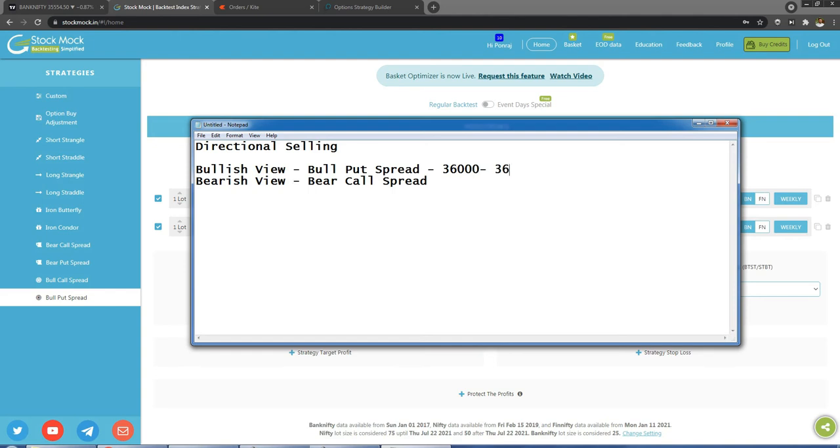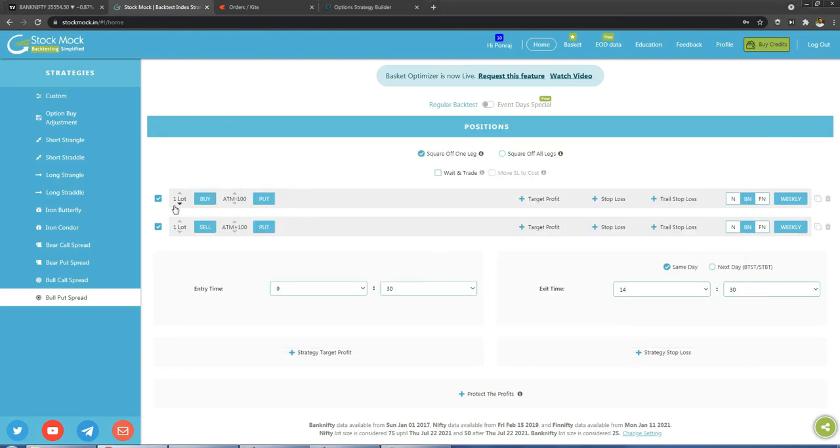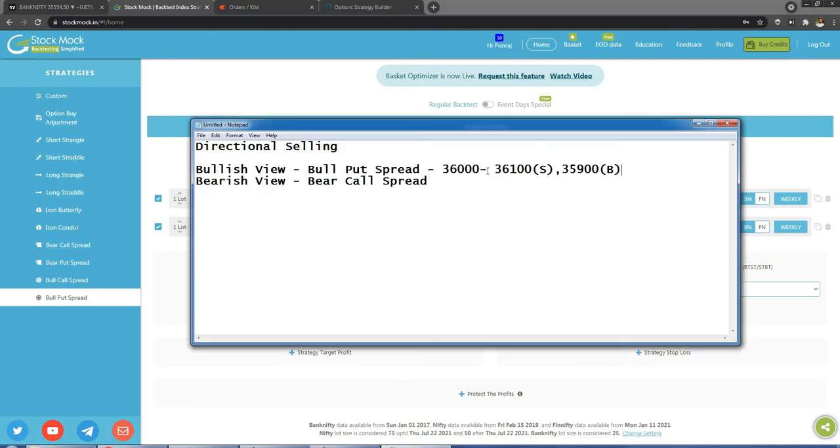36,000 plus 100 we are going to sell, and minus 100, which would be 35,900, we are going to buy. Both are put options. And why do we have a buy along with this sell?